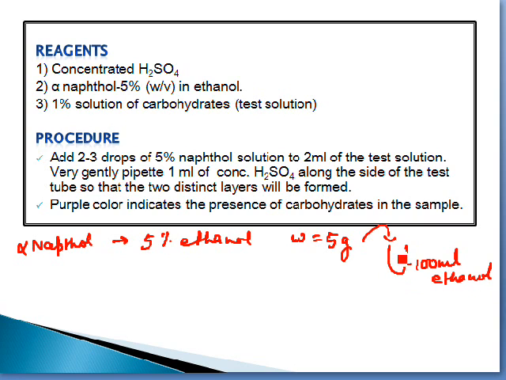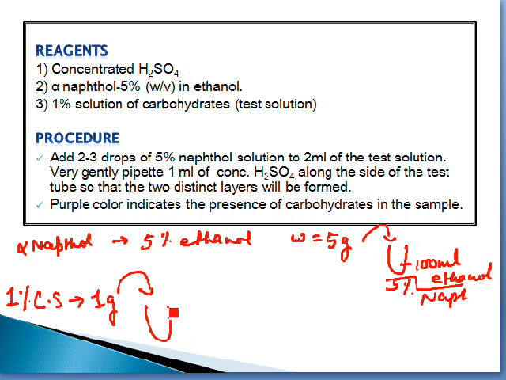This will be your 5% naphthol reagent. Now come to the 1% carbohydrate solution. That means 1 gram of carbohydrate dissolved in 100 ml of water. Okay, this is the 1% carbohydrate.